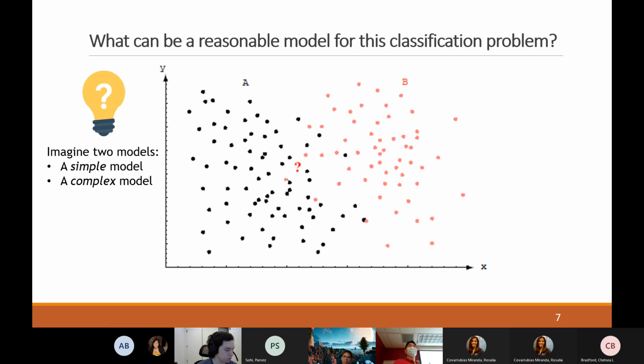So you cannot use very complex models. Otherwise, you guarantee that the model will overfit. The simplest model would be to draw a straight line, which is vertical or horizontal. That's the simplest model, because by drawing a horizontal line, you're only using one variable.